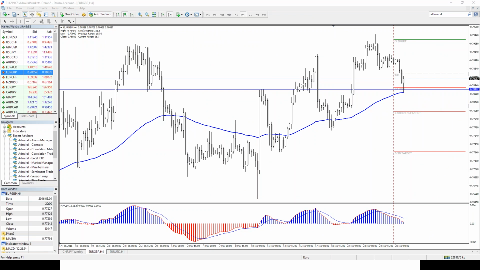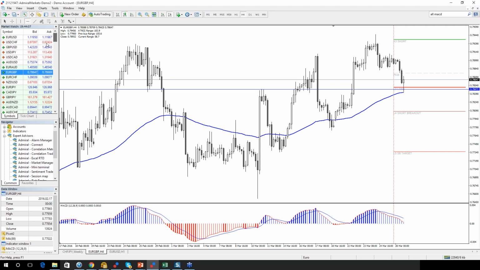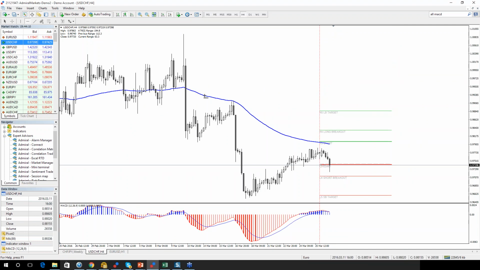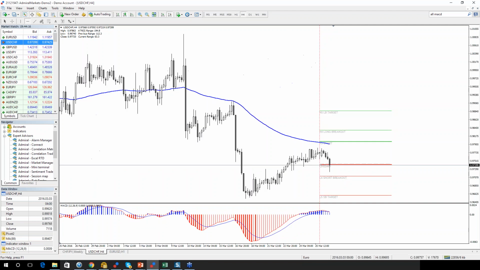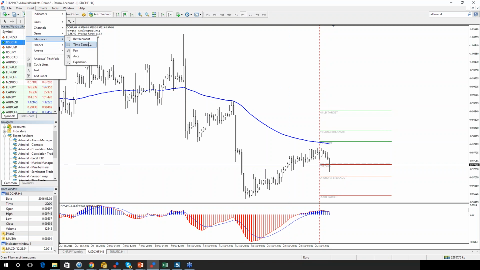First, dollar Swissy. I cannot give you the exact POC because I need to do a full assessment of the analysis. I can just give you a quick look at dollar Swissy, but unfortunately I cannot do a full analysis. Just from 1 hour, 4 hour perspective, because 4 hour is bearish.